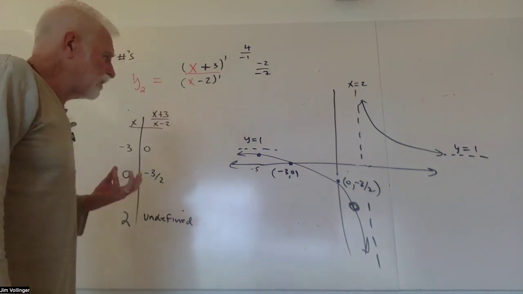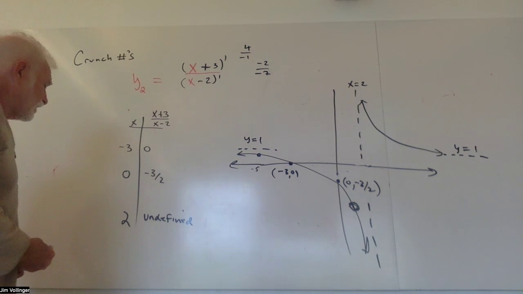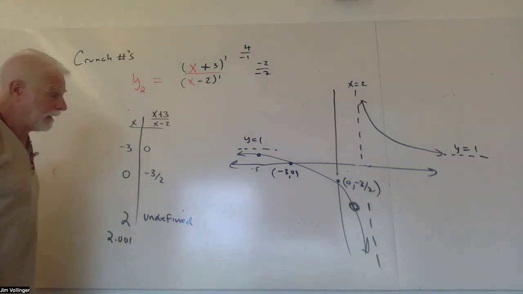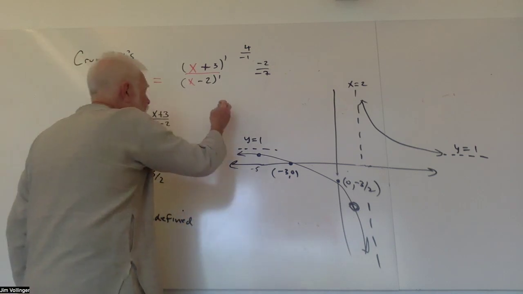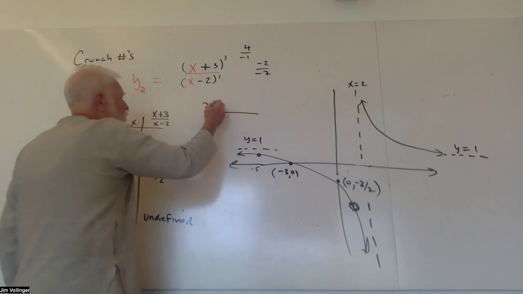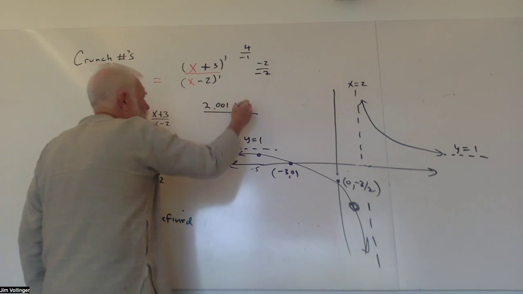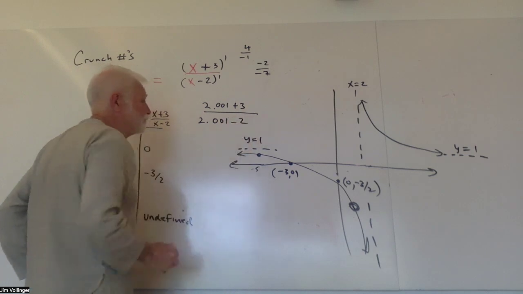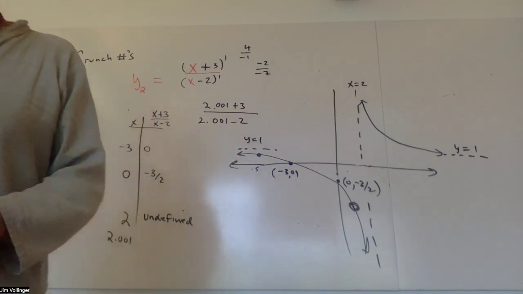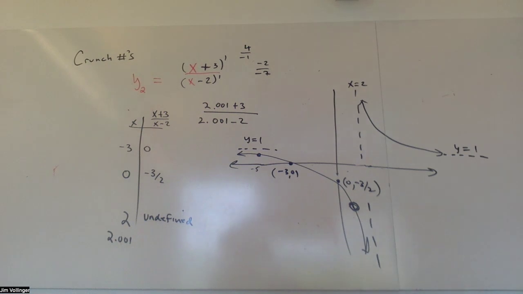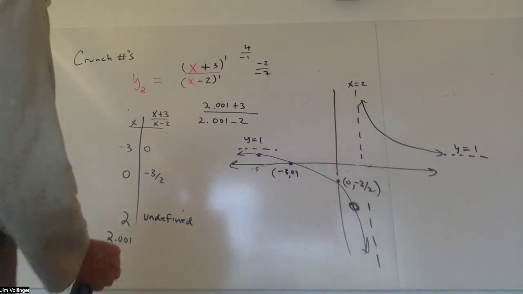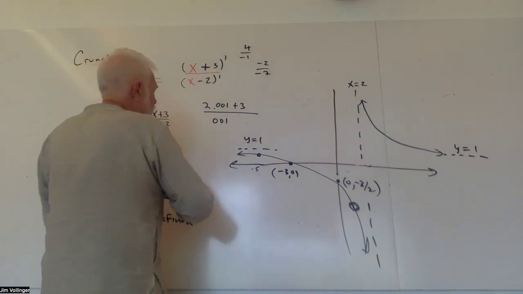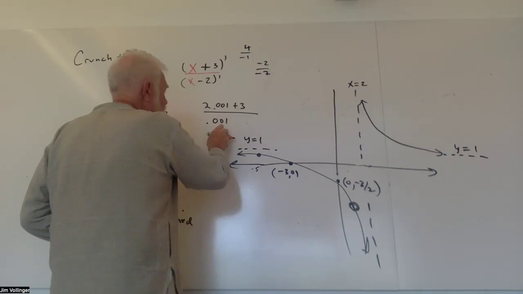All right, so what's a really important number here? I think a number like 2.001. You've got to put it in, and I'm going to take my time with this one. 2.001 plus 3 divided by 2.001 minus 2. And I'm going to get my eraser and work with that calculation. Well, the first thing I see is, get rid of the 2's. And I can see that I have thousandths.